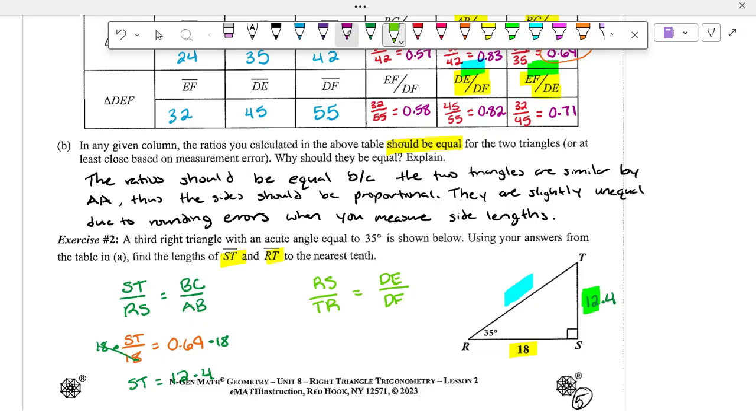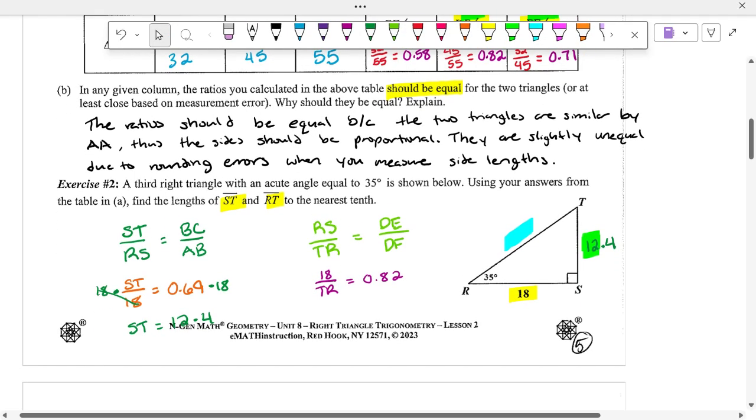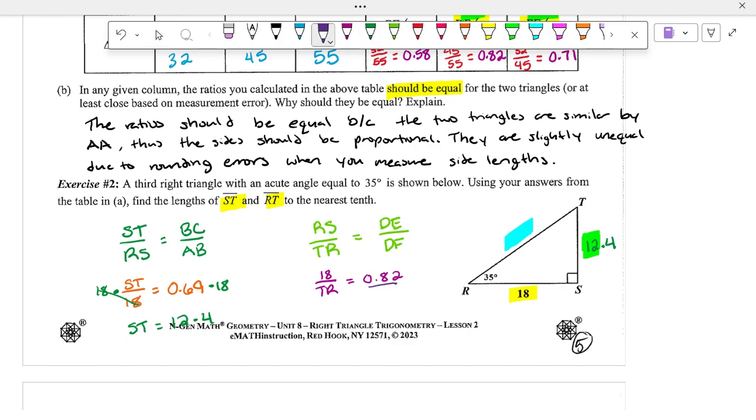Now, we already know what DE over DF is, so we're just going to substitute in the RS. So this will be 18 over TR is equal to 0.82. Now, to solve, we would definitely have to cross multiply. All right? So we'll put this over 1.